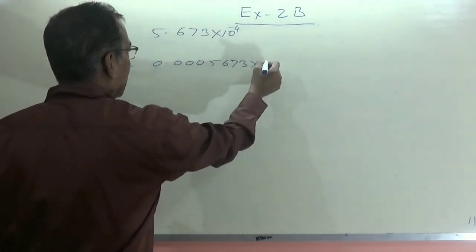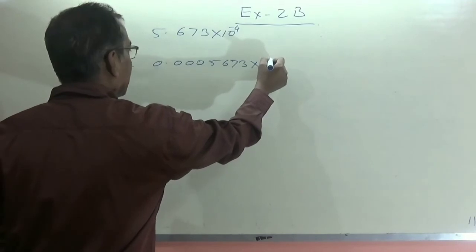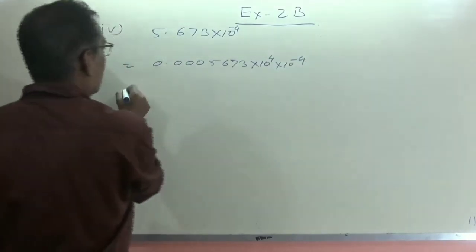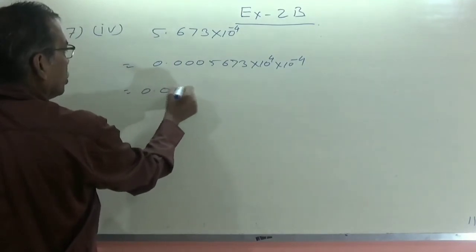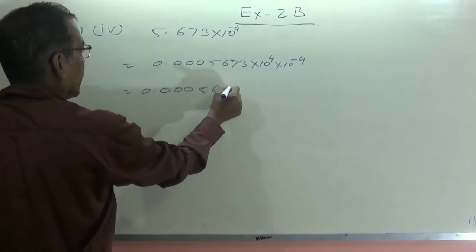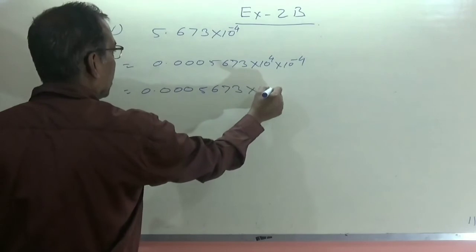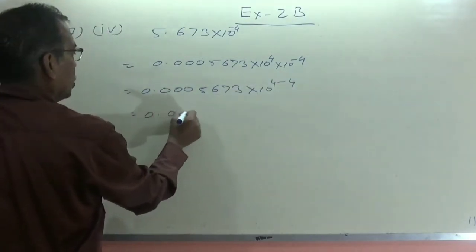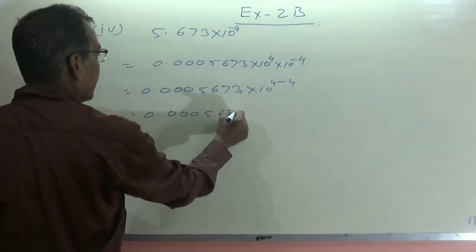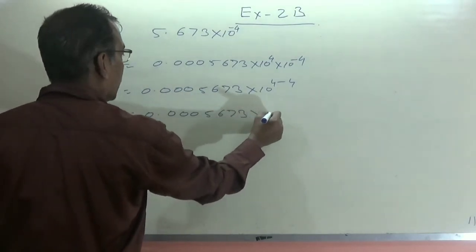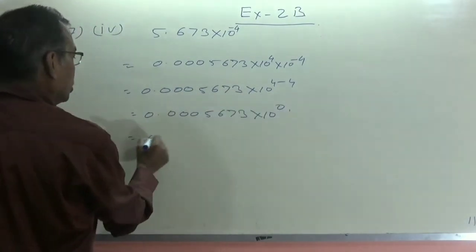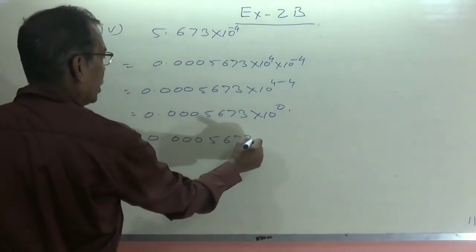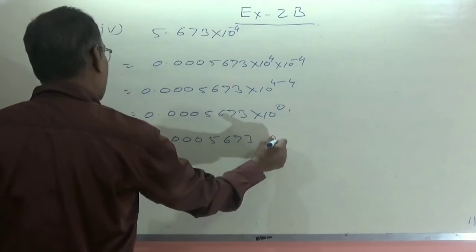So 10 to the power, to the left hand side, I told you, plus 4, into 10 to the power minus 4, which is equal to 0.0005673 into 10 to the power plus 4 minus 4, which is equal to 0.0005673 into 10 to the power 0, which is equal to 0.0005673. 10 to the power 0 is 1, and that will be the answer.